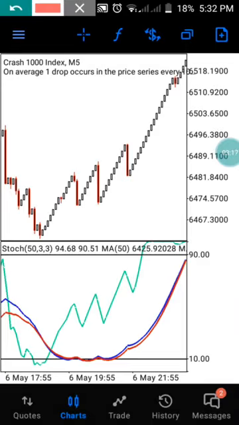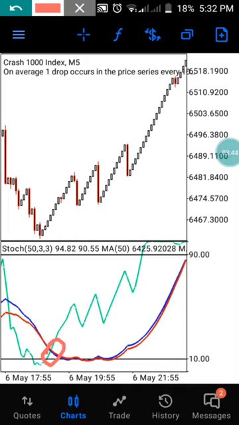What you need to first confirm is that your oscillator line went below the 10 level, or is on the 10 level. That's your first confirmation. Then your second confirmation is to wait for the two moving averages to cross over the oscillator line, which is this particular level.